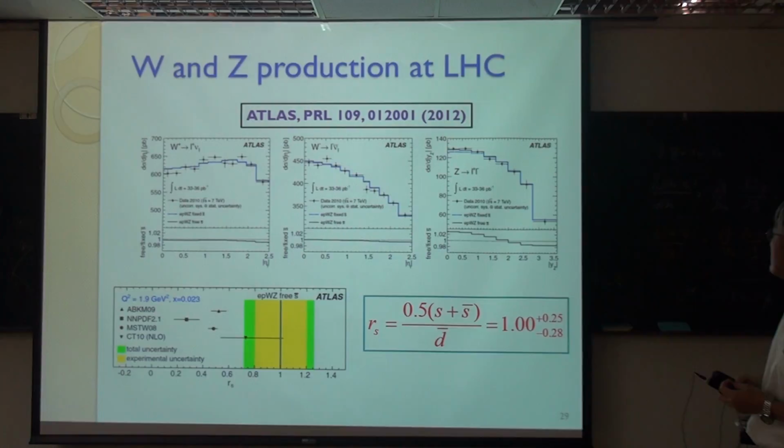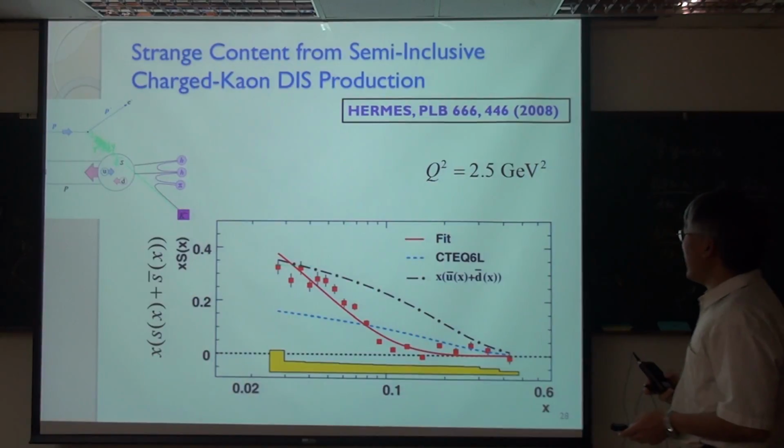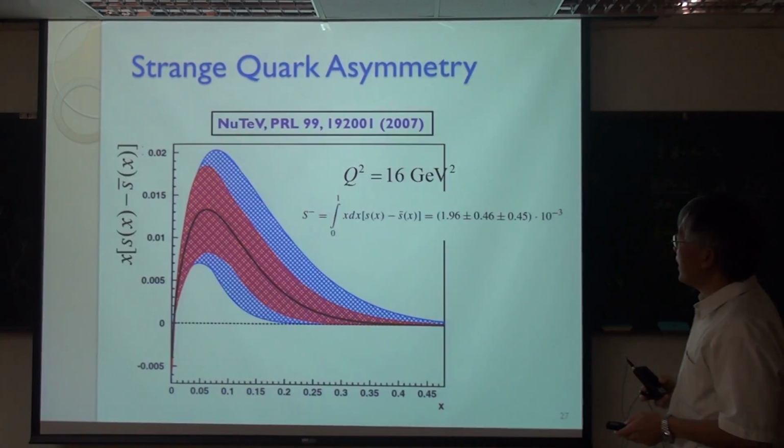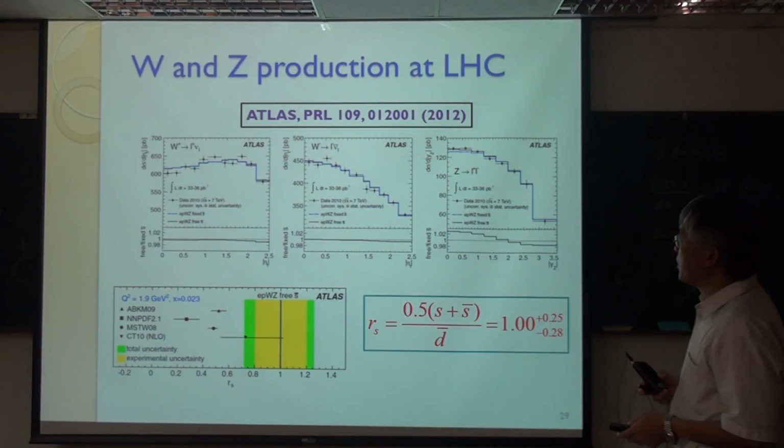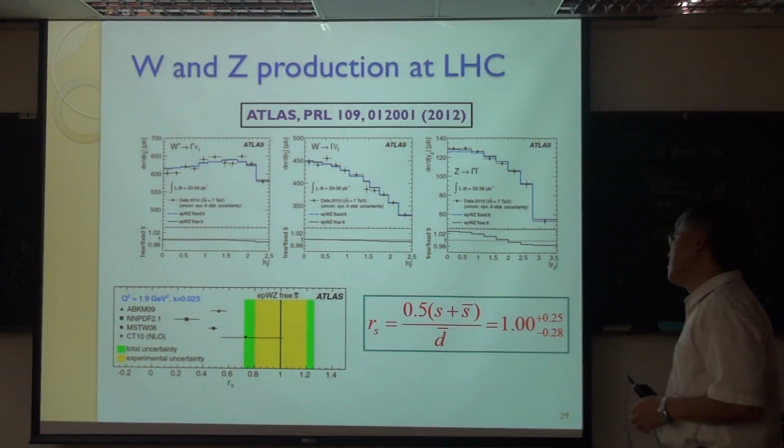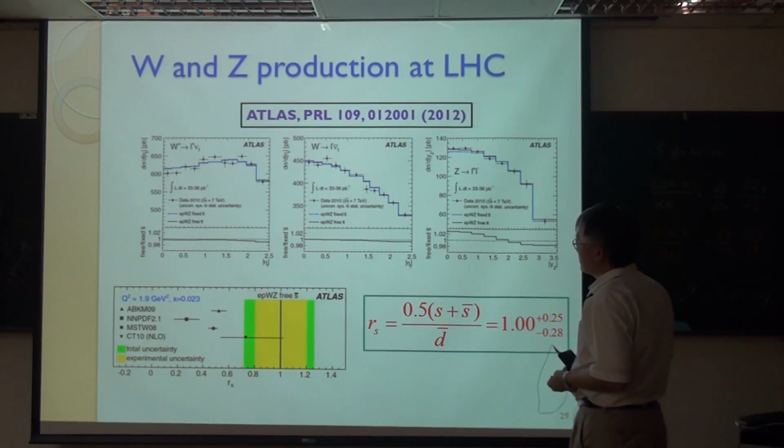So how do you actually measure s s bar? It's not clear to me. Maybe they made some assumption, but it may not be correct. Could be, but I guess they actually perform this kind of a global analysis. But how do you separate out kaons, the strangeness, if you have no particle ID?